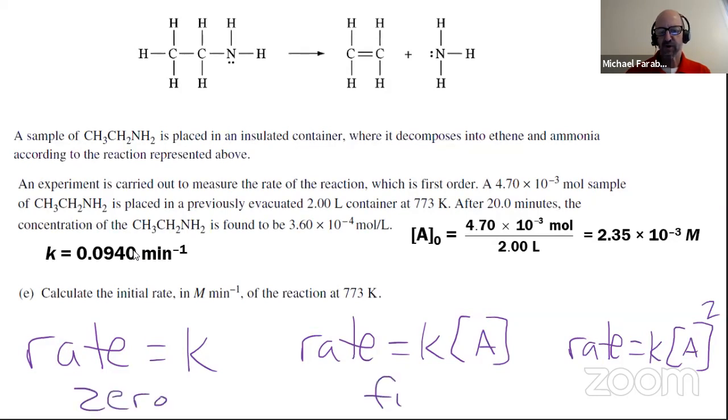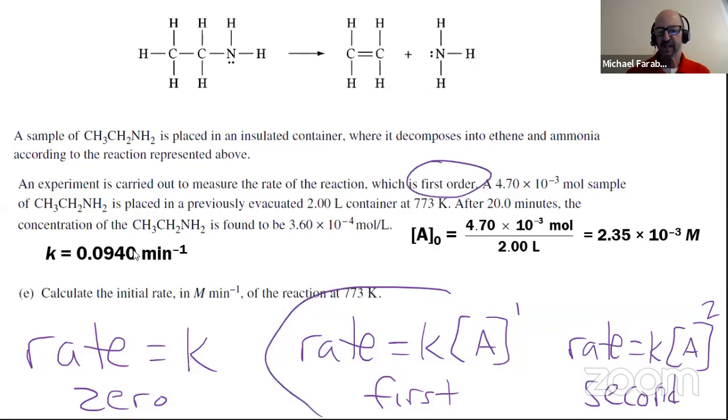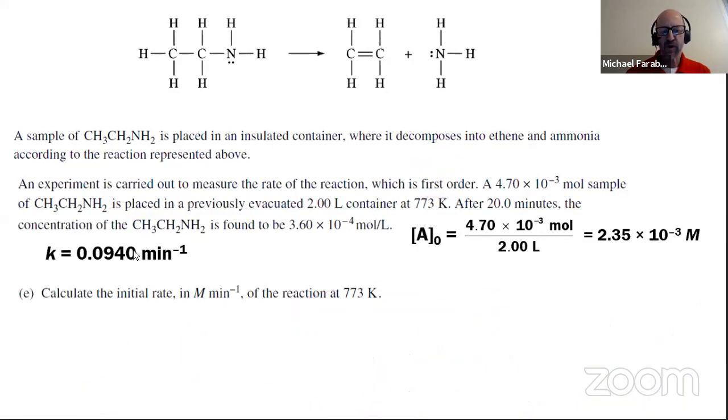This would be first order, so the exponent is 1. And this would be second order. They obviously told us it was first order. So I have to use this particular equation right here to calculate the initial rate of the reaction. So we already have the equation that we're going to use for a first order rate law.